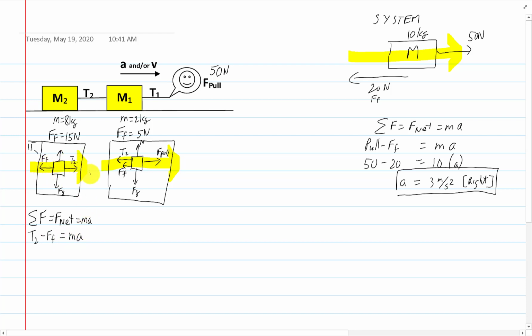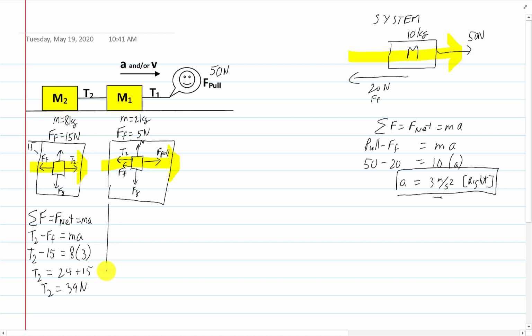We don't know T2, but we know the force of friction, 15, and we know the mass of this guy, 8, and we know the acceleration, it's 3. We've got the 3 over here. So T2 is going to equal 24 plus 15. So T2 is going to equal 39.